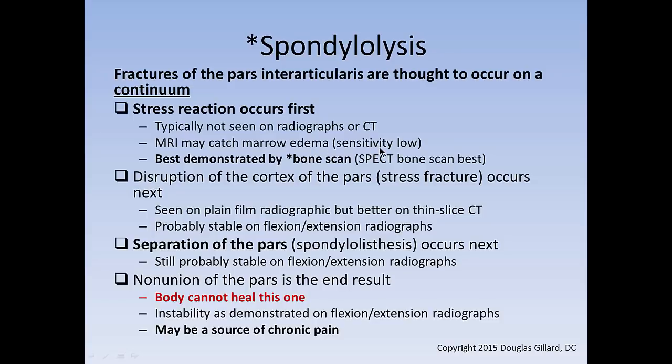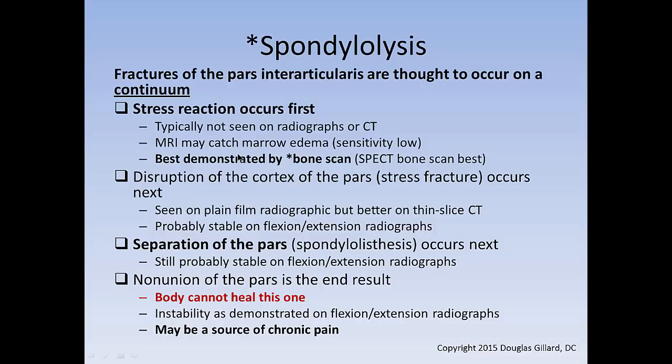That means it's not very good at picking these out. Diagnostic accuracy is not the best. So you could order a bone scan if you had to, but this stress reaction is the first. Usually we can wait this out and it'll heal. You'll never even know the patient had it if you restrict them from doing things that could be aggravating this.